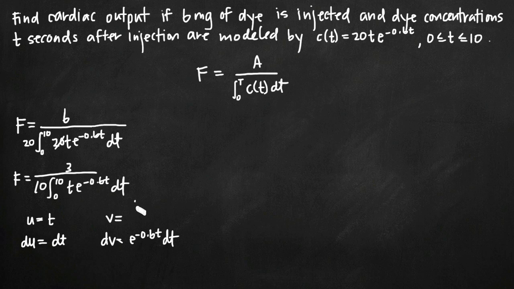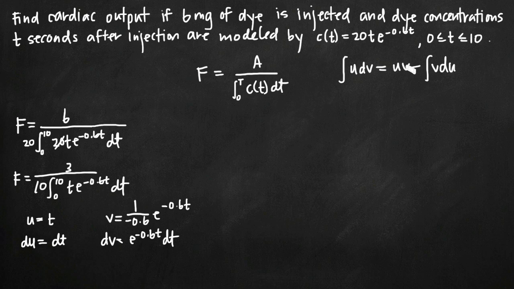The integral of this will be 1 over negative 0.6 e to the negative 0.6 t. Now we'll plug these into our integration by parts formula. Remember, the integration by parts formula tells us that the integral of u times dv is equal to u times v minus the integral of v times du.